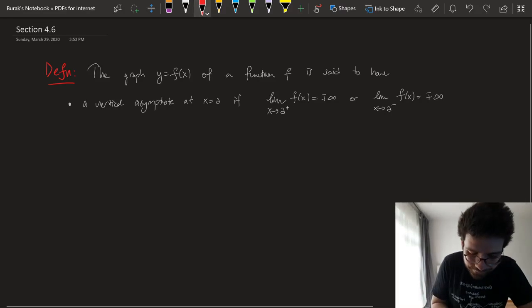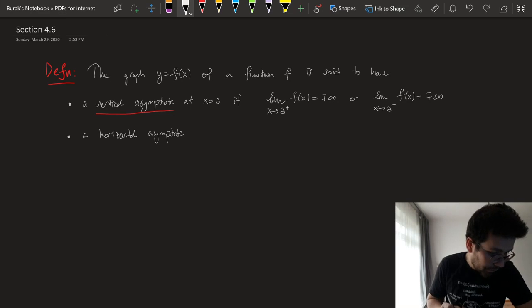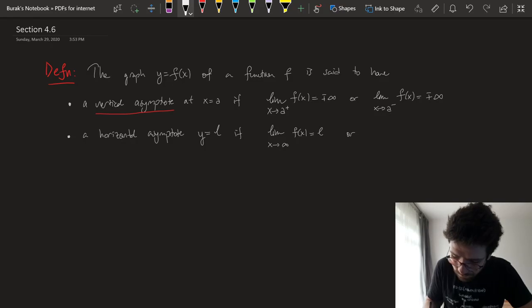And the graph of your function is said to have a horizontal asymptote y equals L if the limit of your function at positive infinity is L, or, well, maybe I should make this an m, okay?